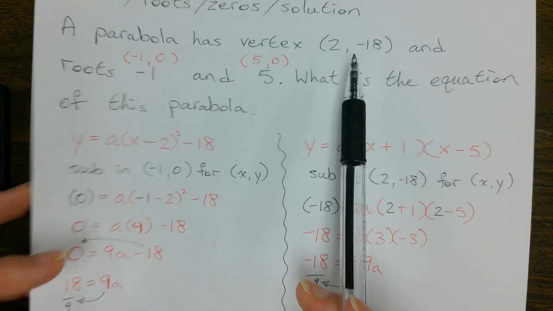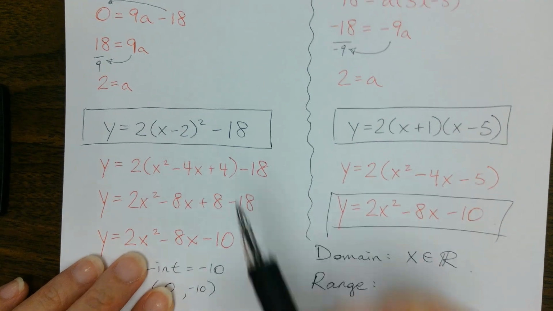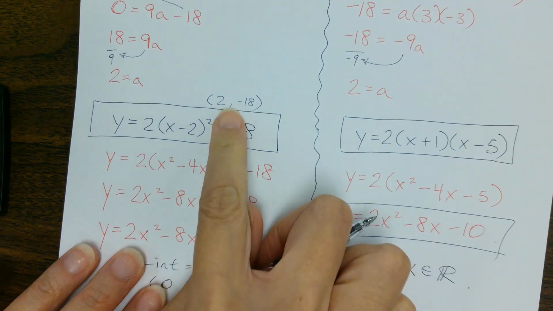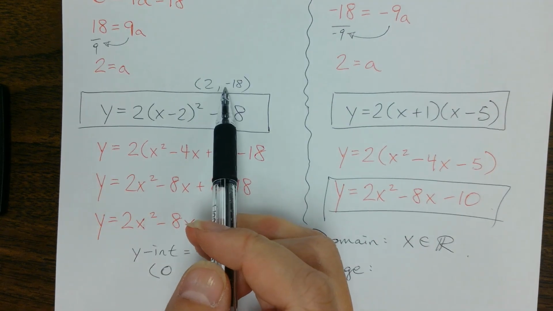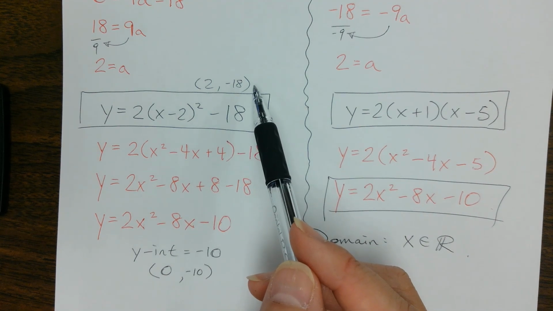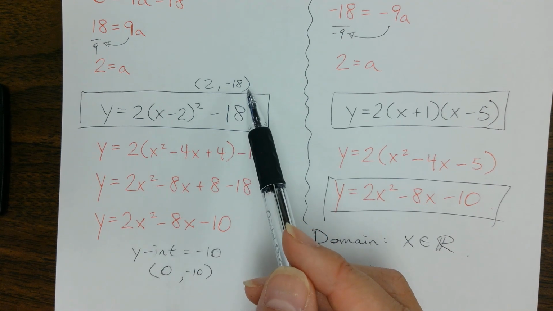Okay, so this is my equation. I know my vertex is (2, -18). How do I know if this is a minimum or maximum? Mohammed? This negative?